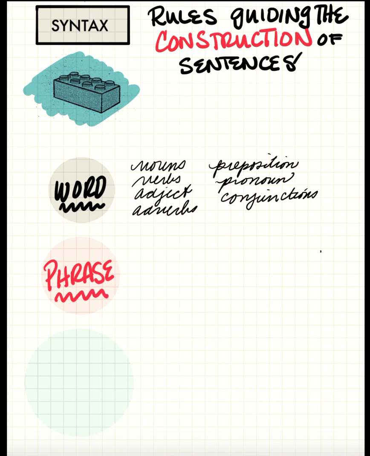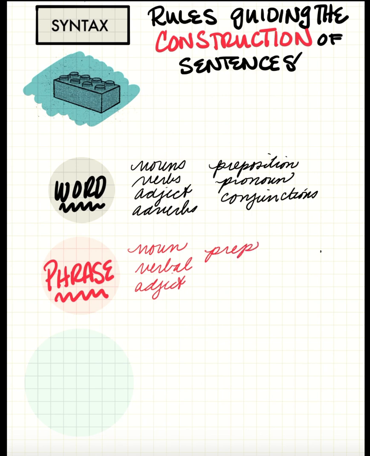So a couple of words together, no longer just a word, now it's a phrase. And we got lots of different phrases. We have noun phrases, and verbal phrases, and adjectival phrases, and adverbial phrases, and prepositional phrases, and pronoun phrases, and participial phrases. Lots of different types of phrases. Because it doesn't require much, just a couple of words thrown together.